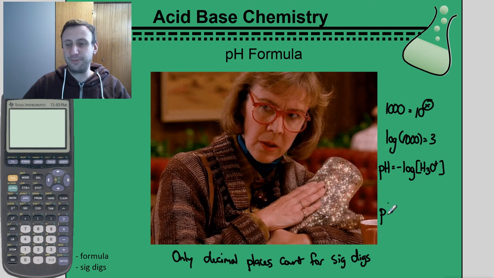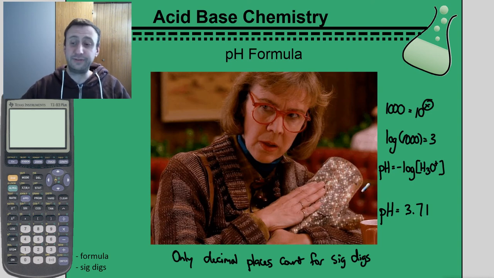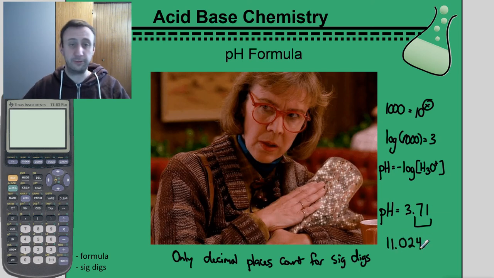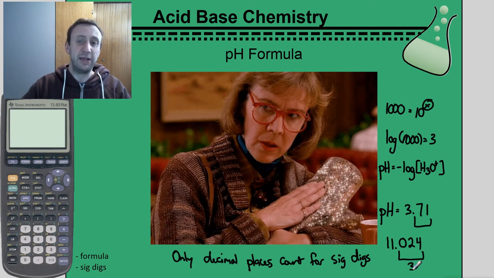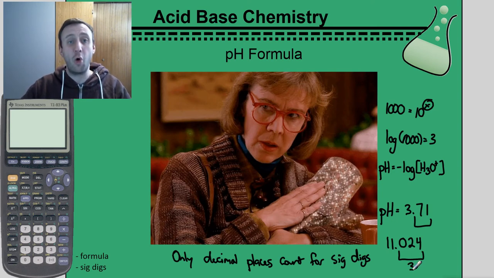So for example, if I have a pH equal to 3.71, and I ask you how many sig digs this has, well, it has 2 sig digs because it has 2 decimal places. Now, what about something like 11.024? That would have 3 sig digs because it has 3 decimal places. So when I count sig digs for pH or pOH, only the decimal places count. The numbers before the decimal point do not count in sig digs.